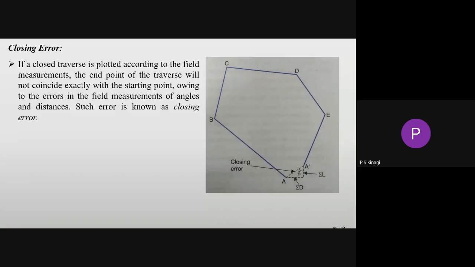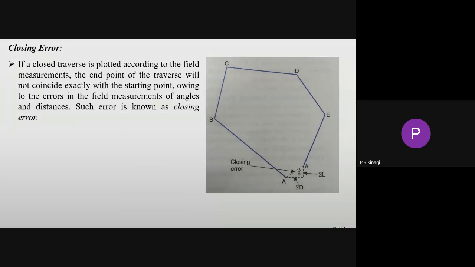If it does not coincide with the starting point, the distance between these two points, that is A to A dash, is the problem. If you are drawing this EA line, its end is here at the point A dash, but our starting point is at point A. So this length, the distance from A to A dash, is called our closing error.